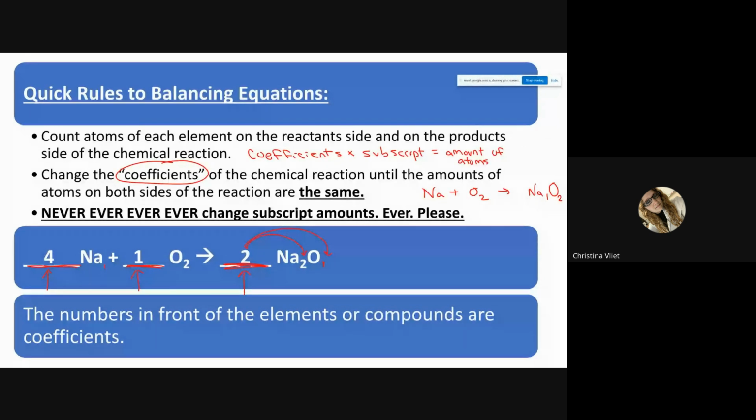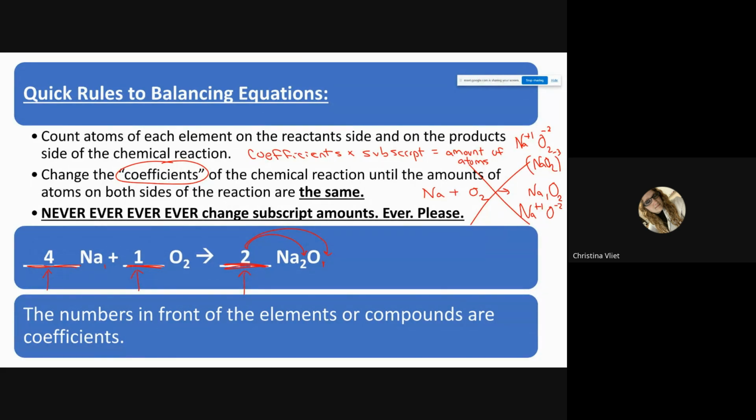Oh, this does not exist. NaO2 does not exist. Because sodium has a +1 charge, oxygen has a -2 charge, and so if you say that you have 1 sodium and 2 oxygens, that means you've got Na with a +1, you've got oxygen 2 with a -2, so you've got NaO2 that has -3 charge, and it's not a thing.